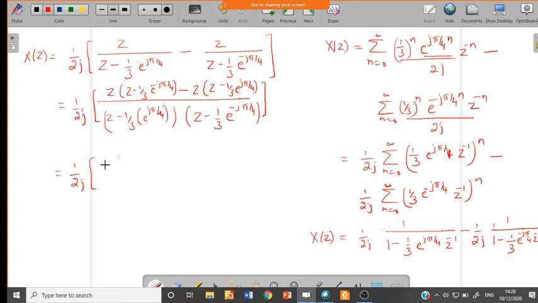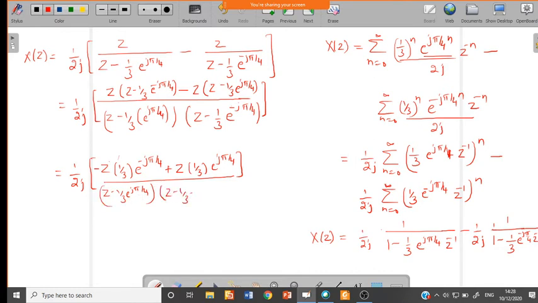And you will get z into minus (1/3) e^(-jπ/4), and here minus of minus becomes plus, so plus z into (1/3) e^(jπ/4). The denominator stays as it is: (z minus (1/3) e^(jπ/4)) into (z minus (1/3) e^(-jπ/4)).